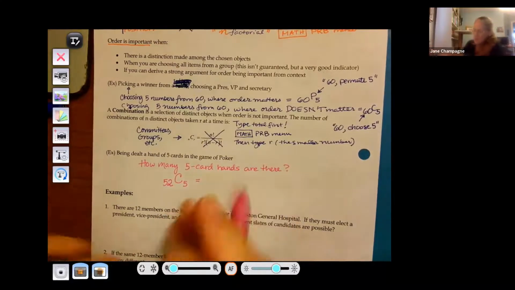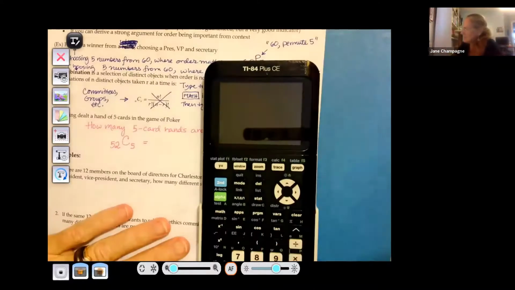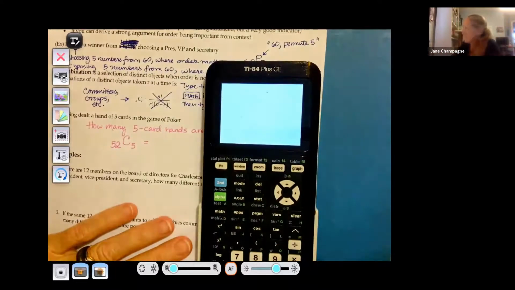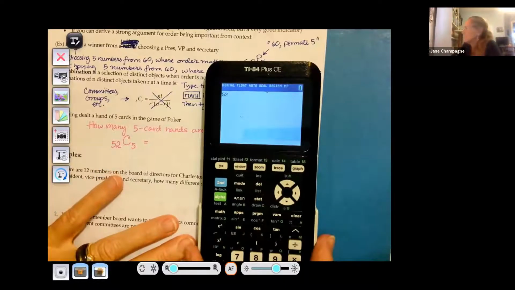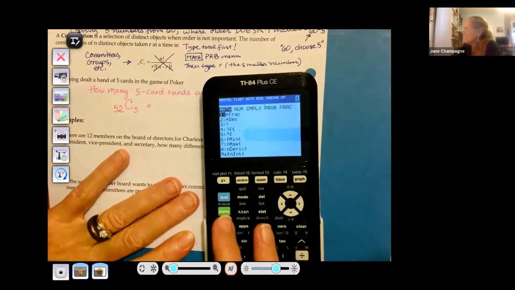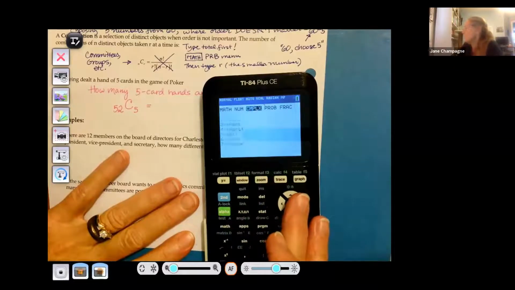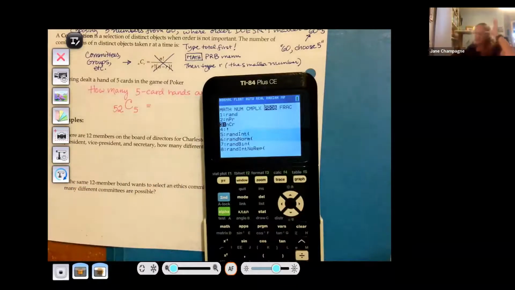All right, let me show you on this calculator. It puts it in position, makes it look real pretty. So type the big number first, the total first, 52. And then you go to math. This one has a PROB menu, prob for probability. And you choose NCR when order doesn't matter. Of course, when you're looking at how many hands there are, if you've got cards, it doesn't matter what order they're in.